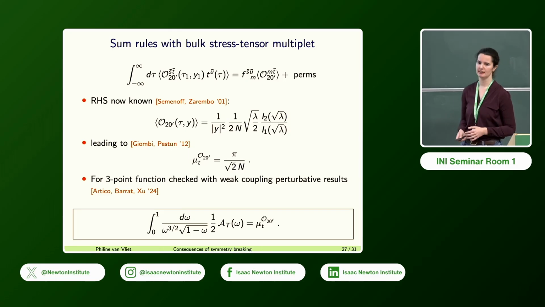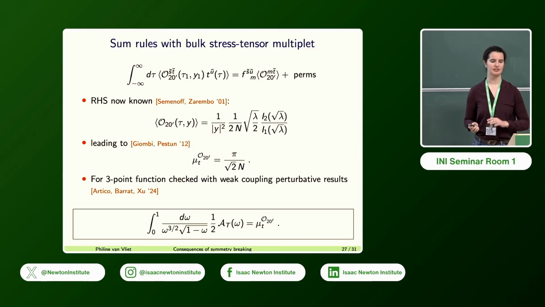We checked that it perfectly matches whatever is in the literature. For the 3-point function, you can also derive a relation, and you can check it with perturbative results by Daniele, who is in the audience, Julien Marat, and by Xu. And this also nicely agrees.